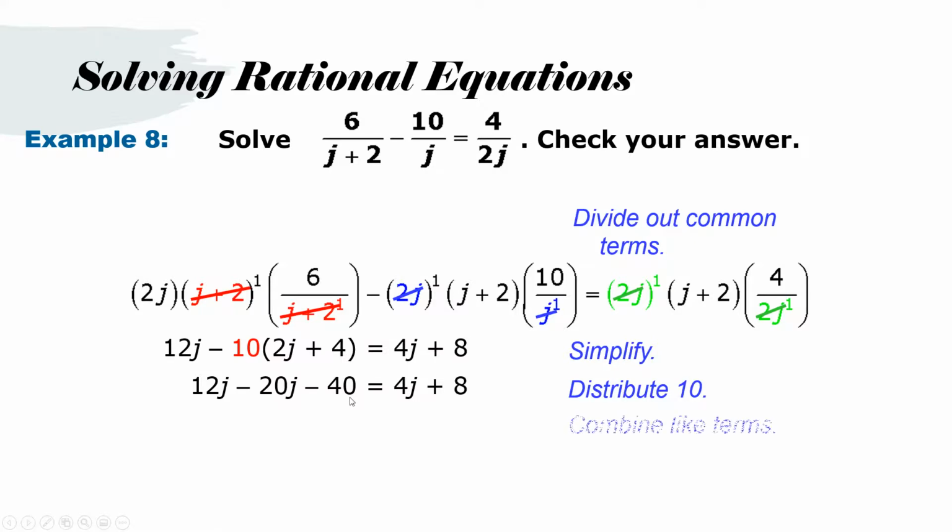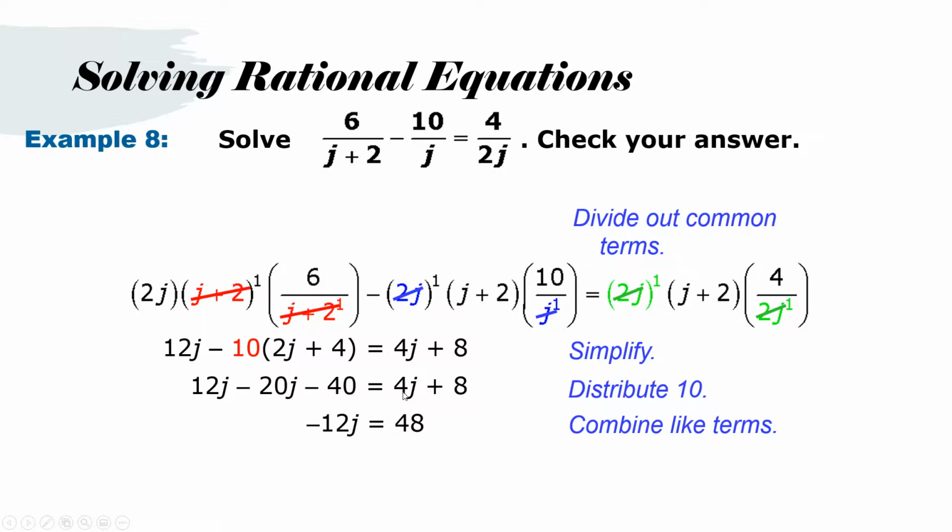Then we have to combine like terms. So 12j minus 20j is equal to negative 8j. However, there is a 4j here.